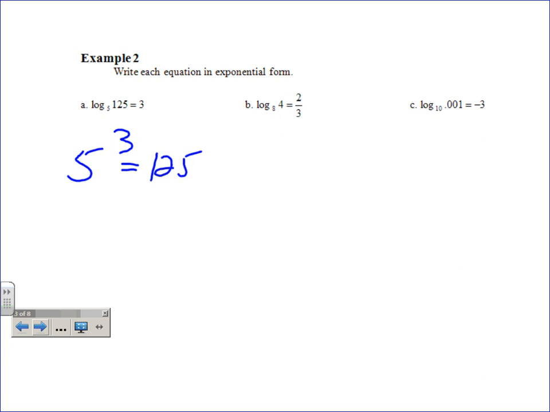Yeah, it is. How about this one? It's saying 8 to the 2/3 equals. Is that statement correct? How do you know? Some said yes, some said no. How do you know? What is it really saying, this side? What does a fraction exponent mean?